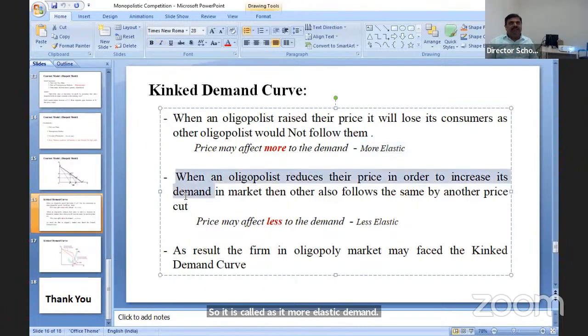And if we consider the second condition, when an oligopolist reduces their price, if a firm reduces their price, then what will happen? In order to protect its demand in the market, the others will follow the same.